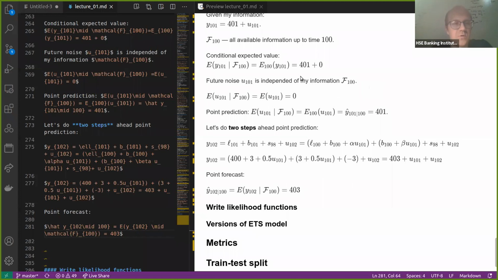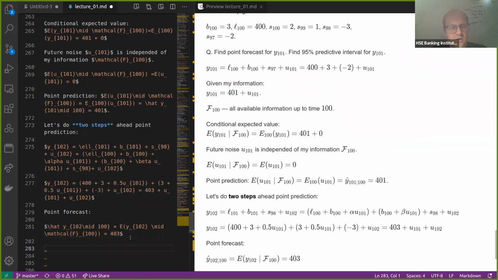It's the point forecast of U. Let's stress that U101 is not 0. It's nothing. But I predict it as 0 because it's a white noise process, and I have no information on the future value of U.